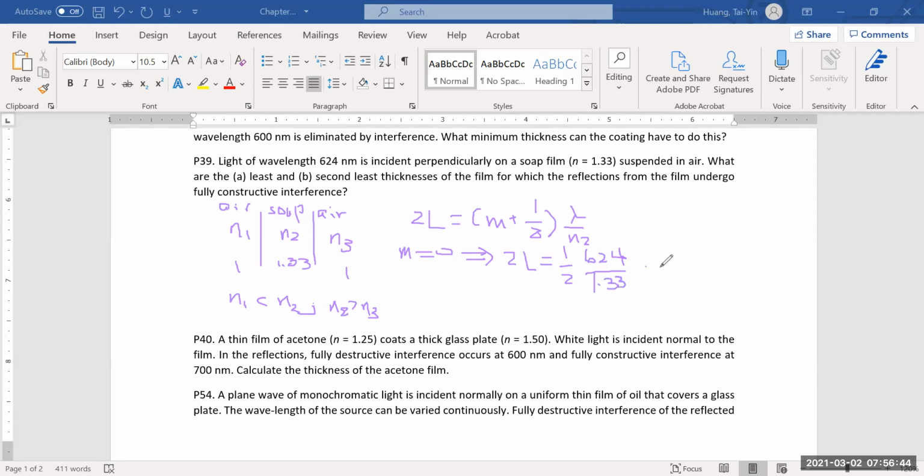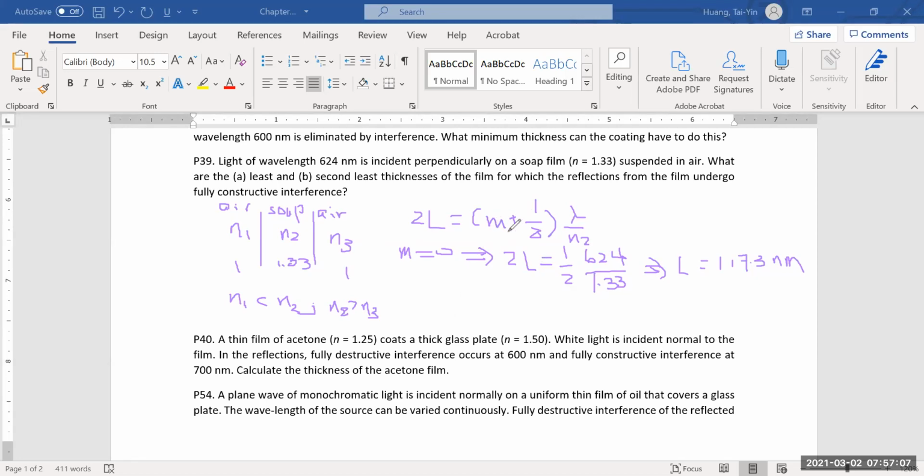From there you can calculate your L, and you should get a value of 117.7 nanometers. For part B, it asks for the second least thickness, meaning that m will have to go up a little bit higher.